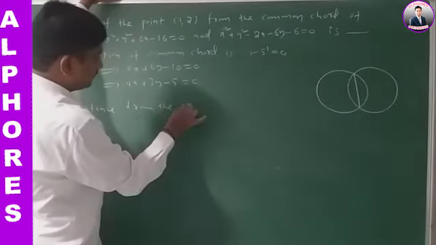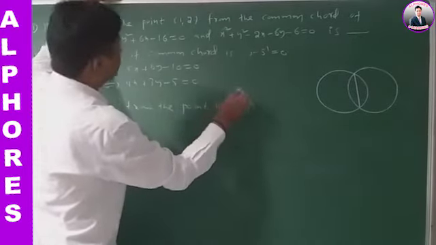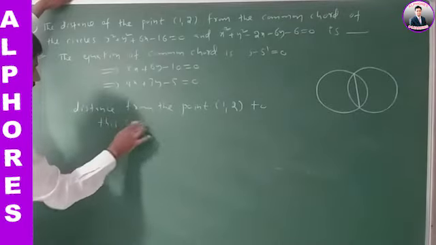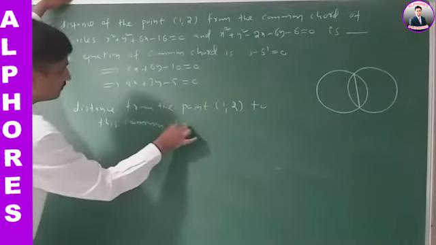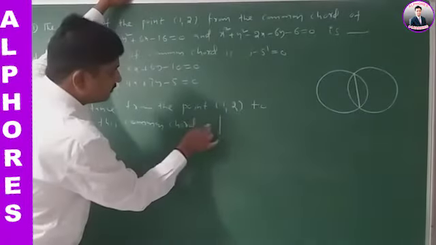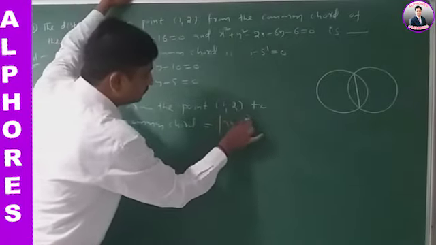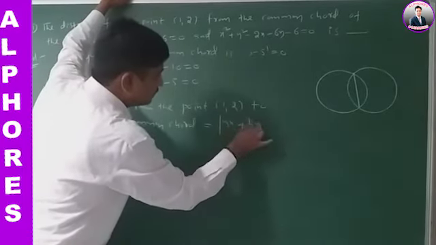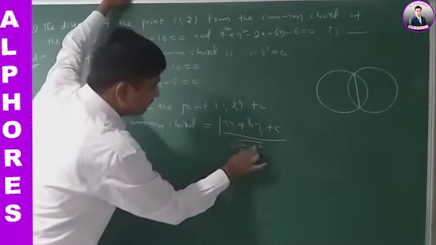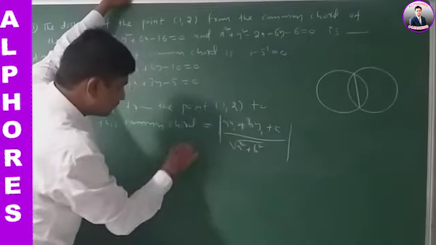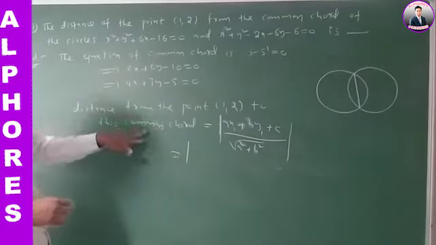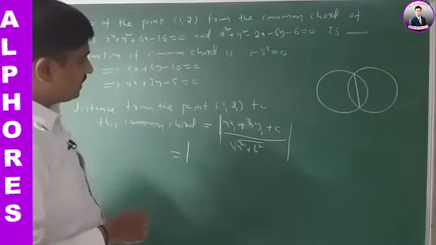The distance from the point (1, 2) to this common chord, according to the distance formula, equals modulus of ax1 plus by1 plus c by under root of a square plus b square.